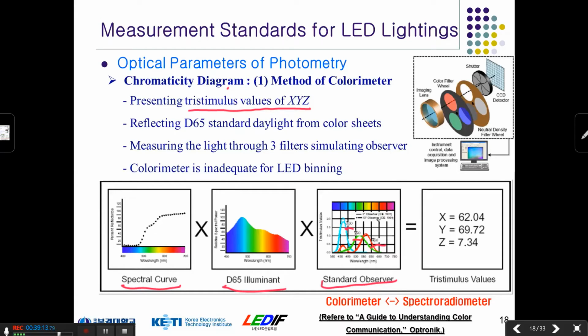From the three stimulus values X, Y, Z, XY, UV, or U prime V prime chromaticity diagram are calculated.